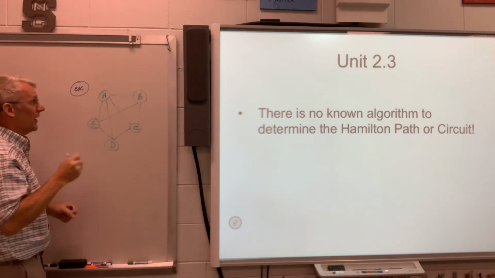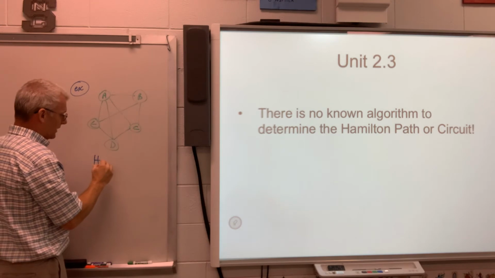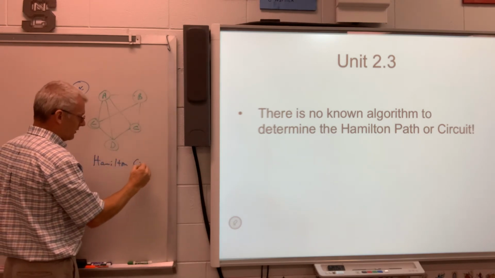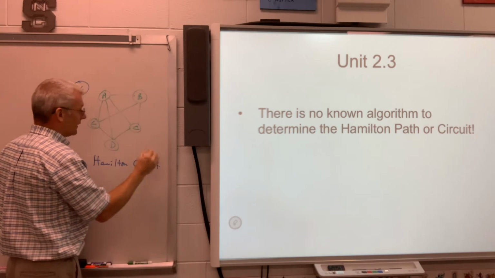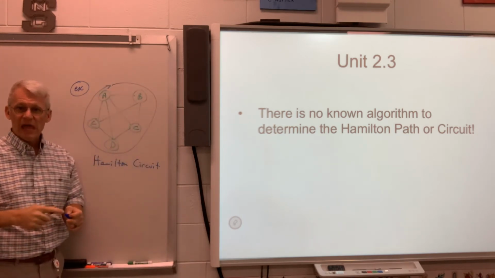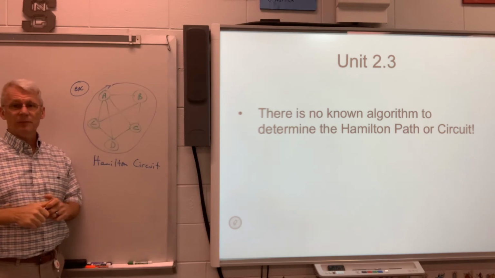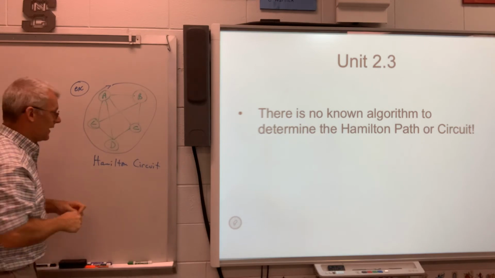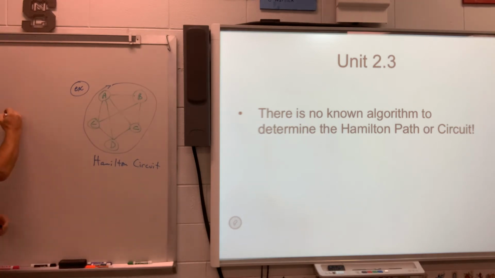Honestly, the best way is this is going to end up being a Hamilton circuit. And the easiest way I can say to do it is if you can literally go on the outside edge. If you can go on the outside edge and loop it around, then you really can do it. Okay. The other one I've seen that's pretty tricky. I just want to make sure that this is on there.